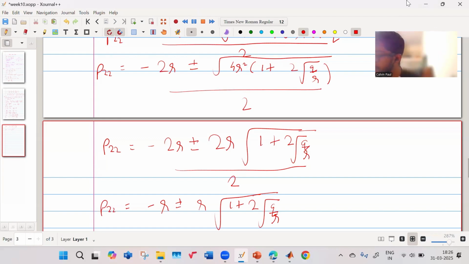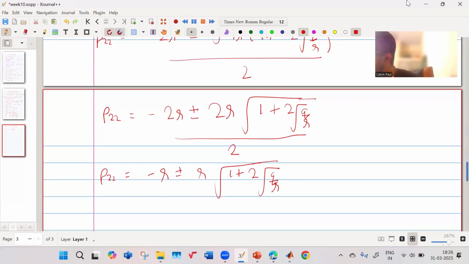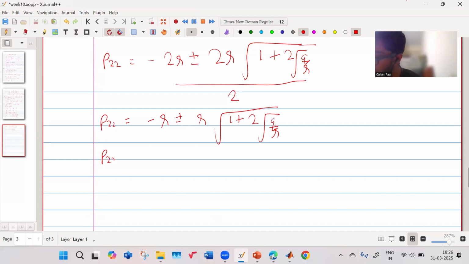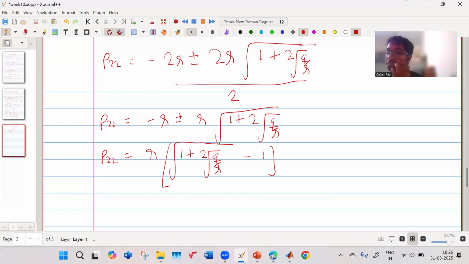We can write p22 is equal to r into square root of 1 plus 2 square root of q upon r minus 1. So this is the value of p22 which we have computed.